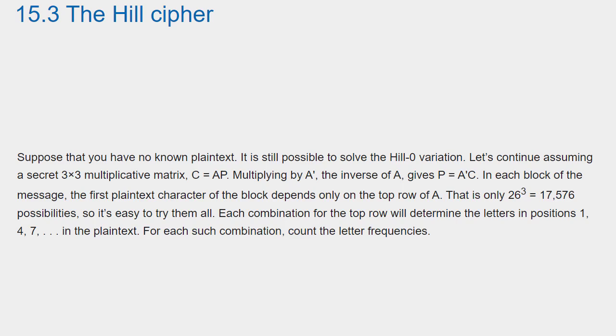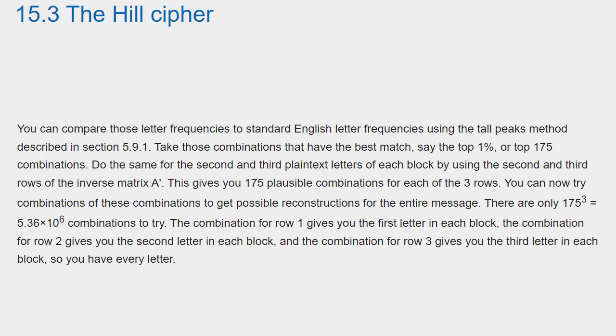Each combination for the top row will determine the letters in positions 1, 4, 7 in the plaintext. For each combination, count the letter frequencies. You can compare those letter frequencies to standard English letter frequencies using the tall peaks method described in section 5.9.1.